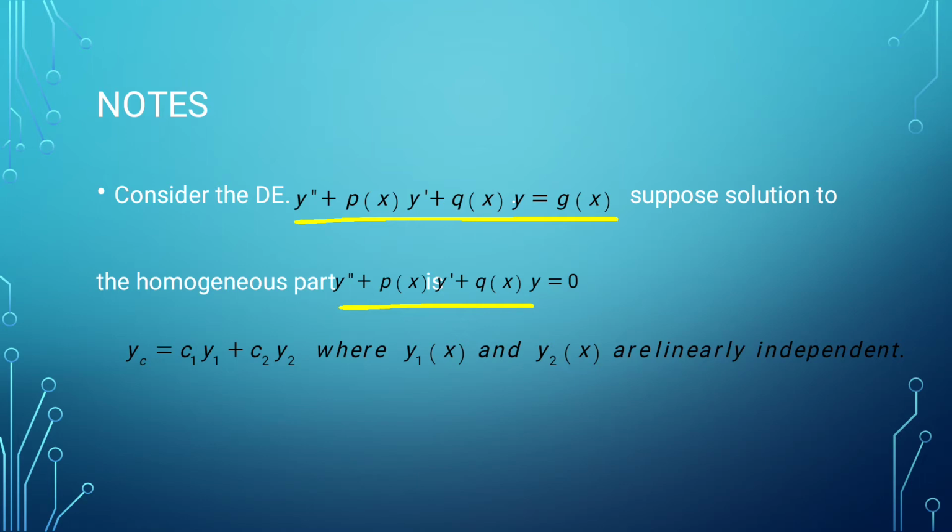If these are distinct roots, then this will be the complementary solution, which is c1 y1 plus c2 y2, where y1 and y2 are functions of x which are linearly independent.